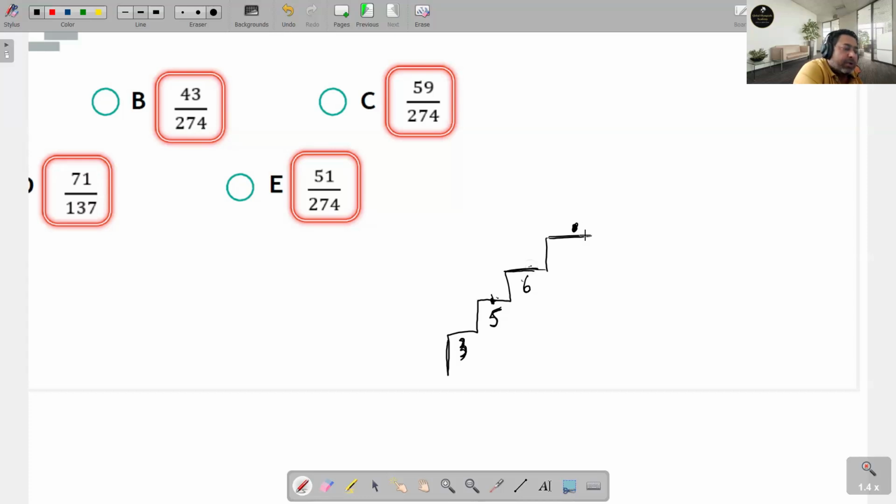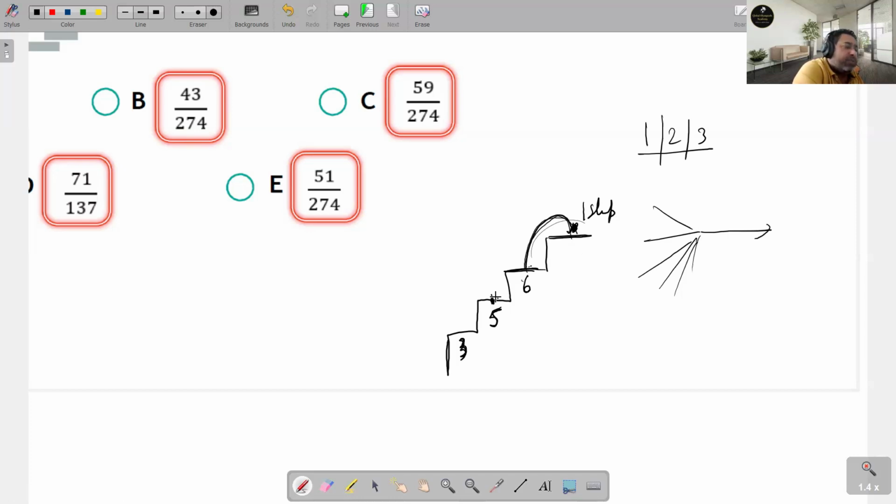From these I can take a 1-step, 2-step or 3-step jump. If I come from here, I'll take a 1-step jump and come here. So this will be all these 6 ways, times one, not because it's a 1-step move, but because there's only one way.